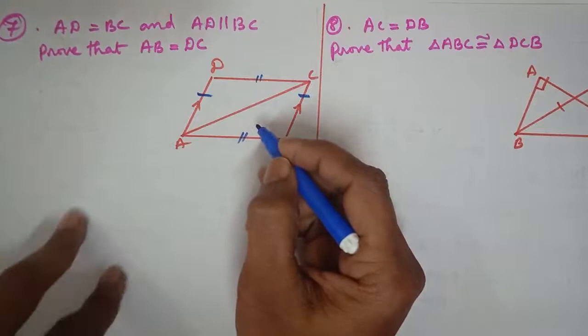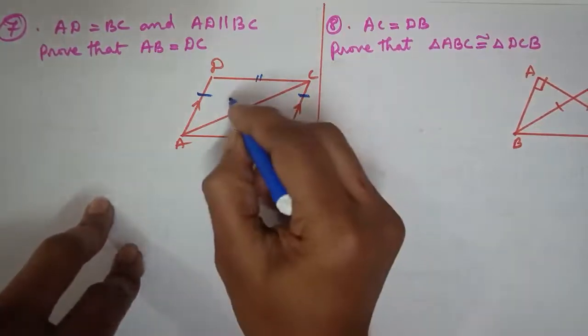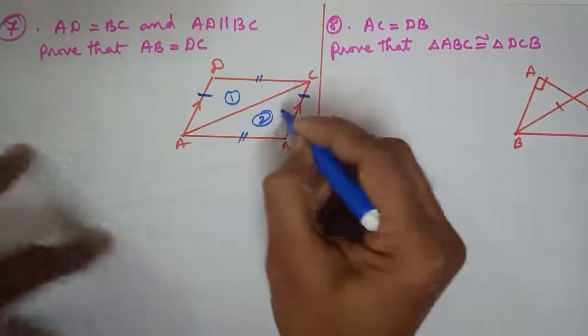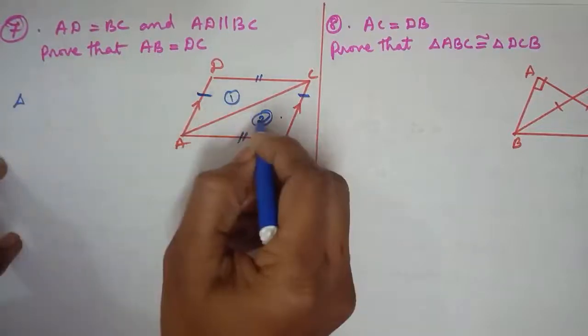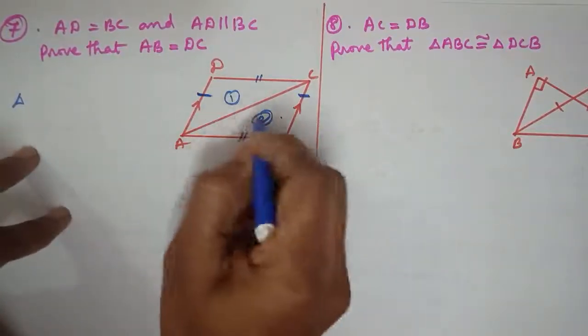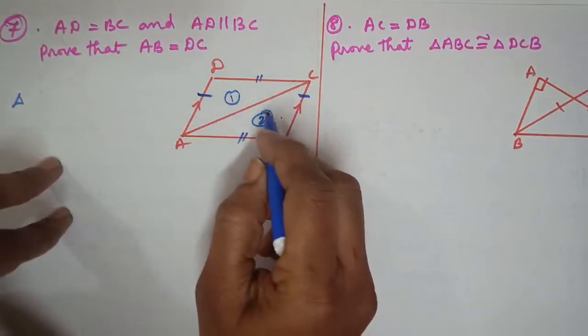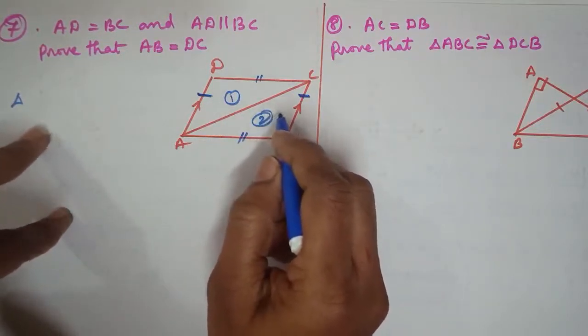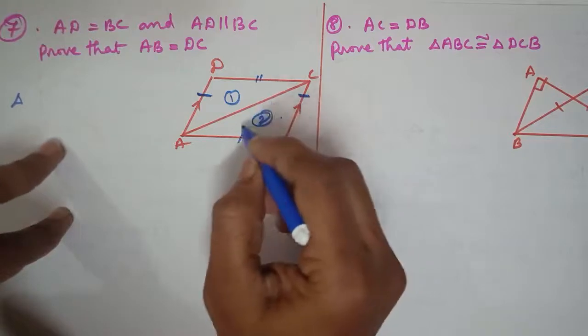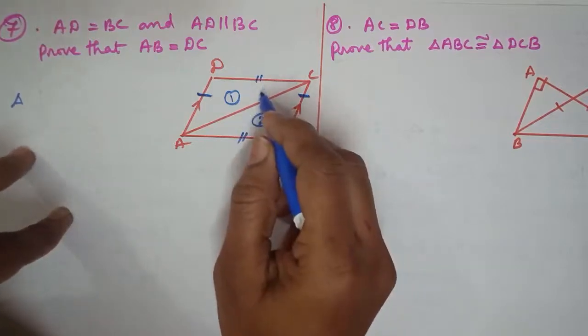Students, for this I have taken, this is the first triangle, this is the second triangle. We have to prove these two triangles are congruent. If we prove these two triangles are congruent, then by the CPCT method we can say these two sides are equal. Is it clear?